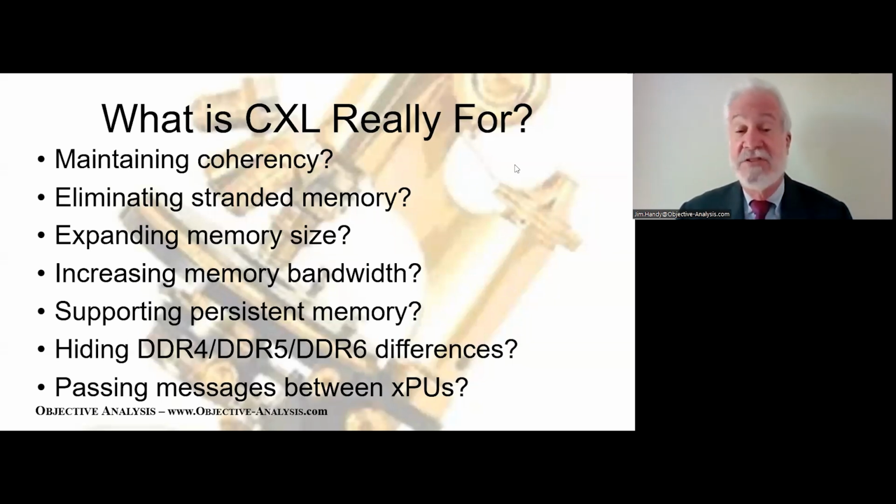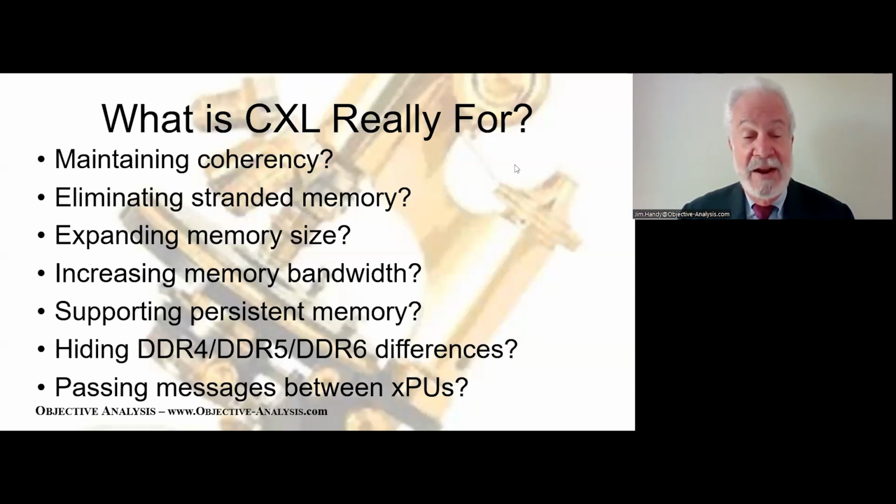And then finally, there's a sophisticated one that is really important to the large-scale computing community, and that's passing messages between different kinds of processors. That's going to percolate down into lower-level systems. And so the idea that you'd be able to have a CPU load the HBM in a GPU, or even just the GDDR that's on the GPU's board, without having to go through an NVMe channel is very attractive to a lot of people.